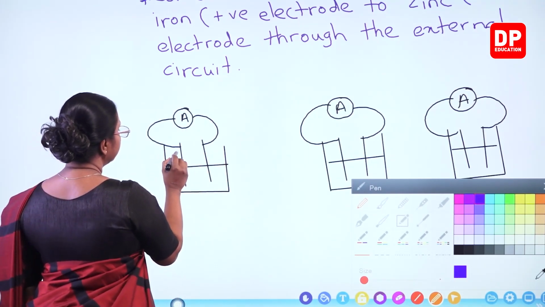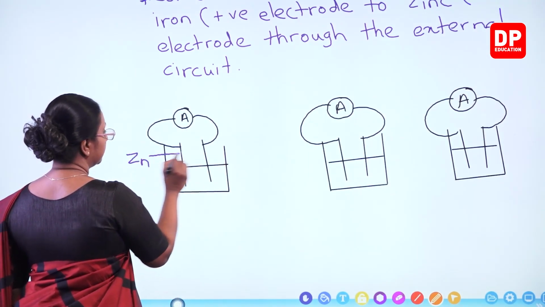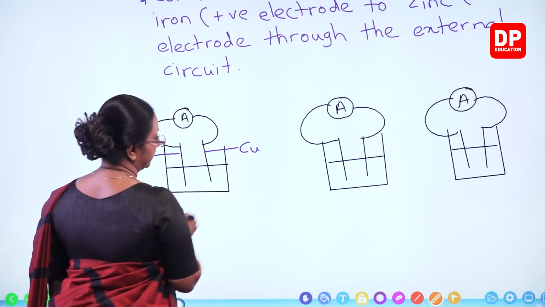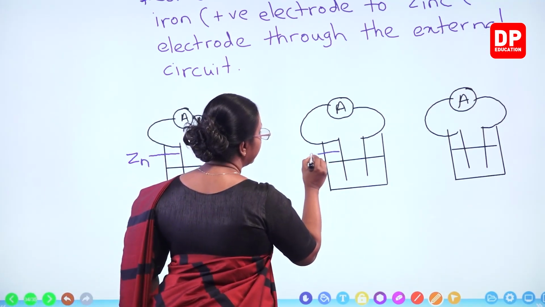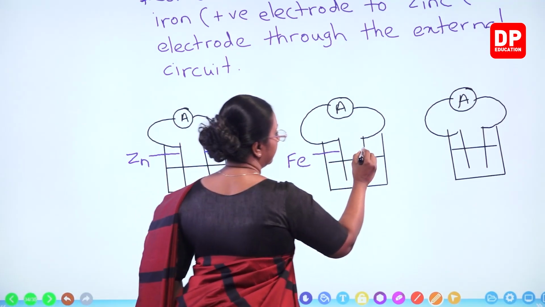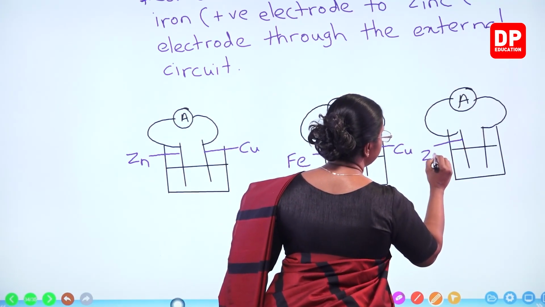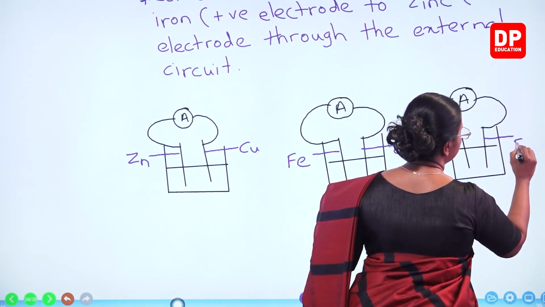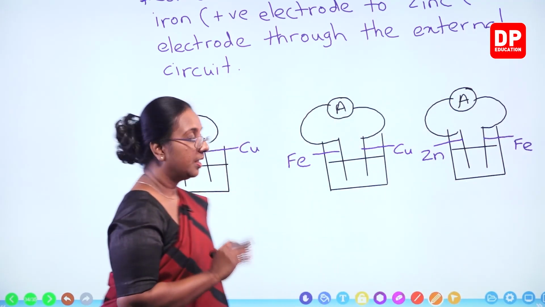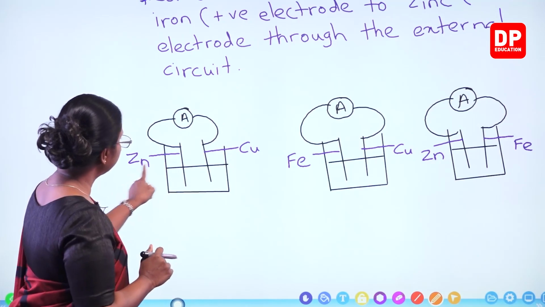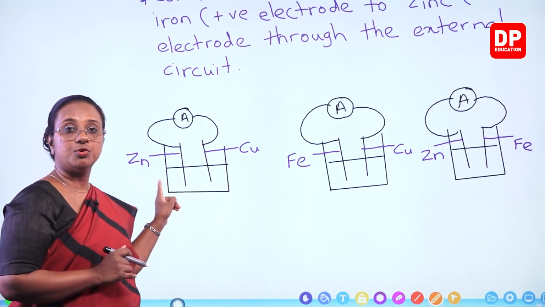Now first one, zinc and copper. Then we had iron and copper, and now zinc and iron. In all 3, you can see when you take zinc and copper, zinc is more reactive.